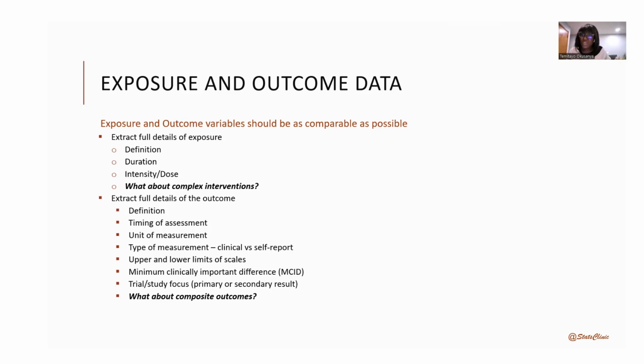The duration of the exposure, you want to note it. Did they give people some kind of treatment, or some diet, food, or supplements? At what intensity and dose? Sometimes they have complex interventions, whereby one study was giving people food and at the same time gave them money for transportation and access to a mental health provider.